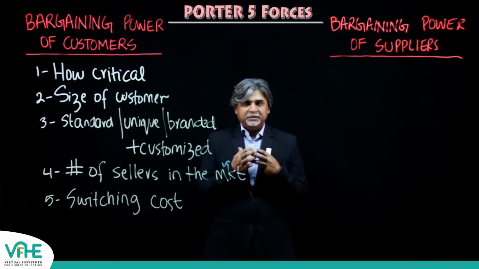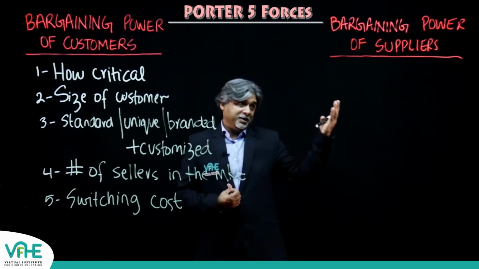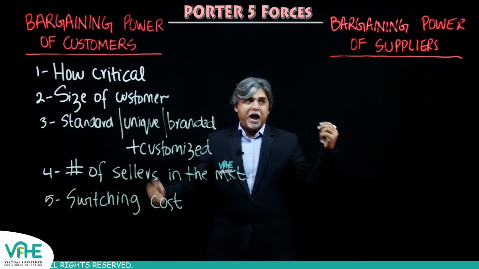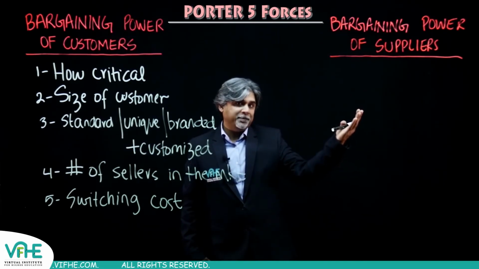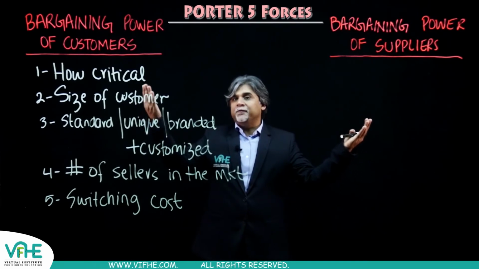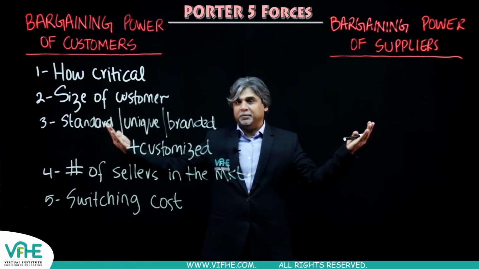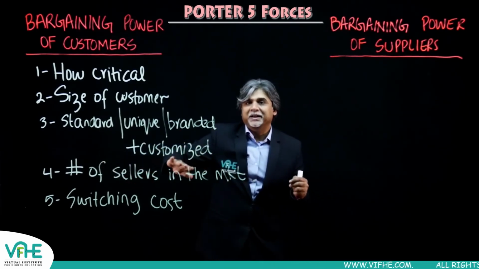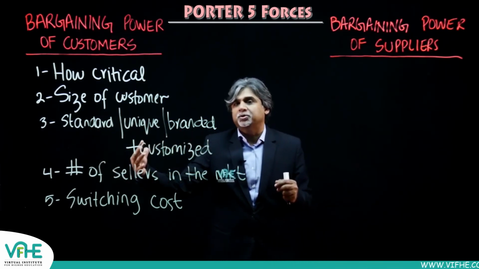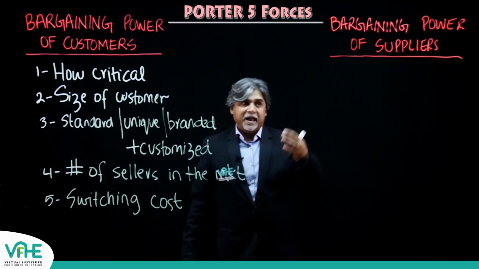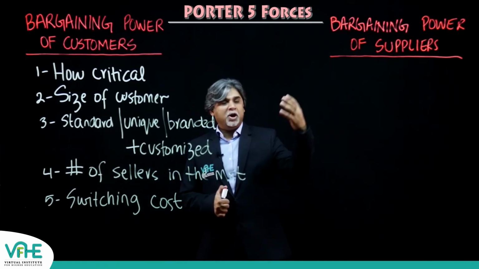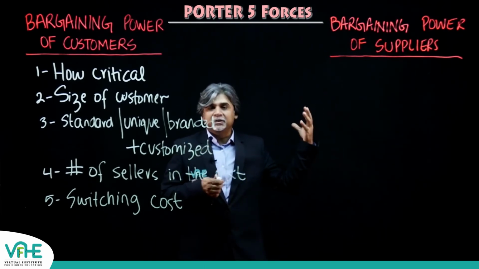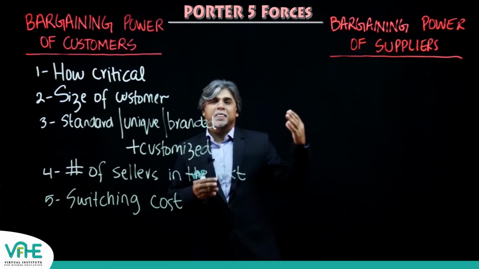So if I'm a business, I'm dealing with my suppliers and I'm also dealing with my customers. I'm buying raw materials from my suppliers and I'm selling finished goods to my customers. Bargaining power of customers was dealing with points relating to selling of finished goods to my customers. And this one, on the other hand, talks about me buying raw materials from my suppliers or vendors.